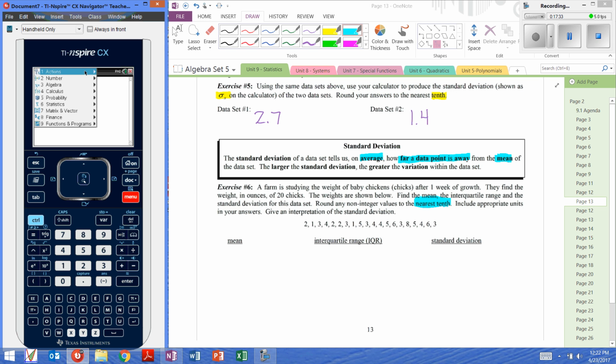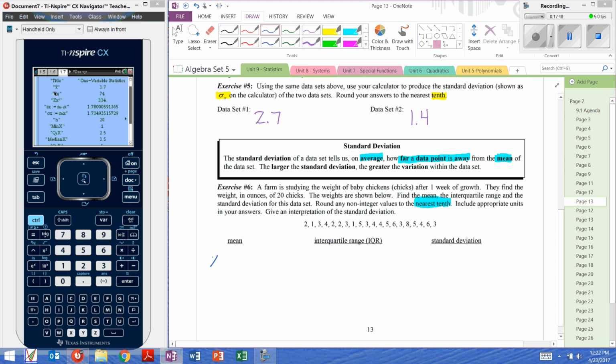So add a calculator page, one variable statistics, and I labeled my list chicks. To find the mean, remember we have to scroll up. That's our x bar. Our mean, perfect, is 3.7. I don't have to round.